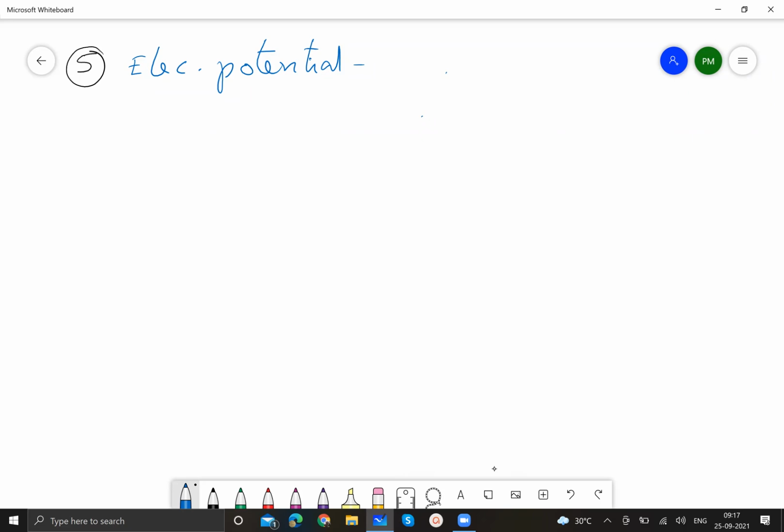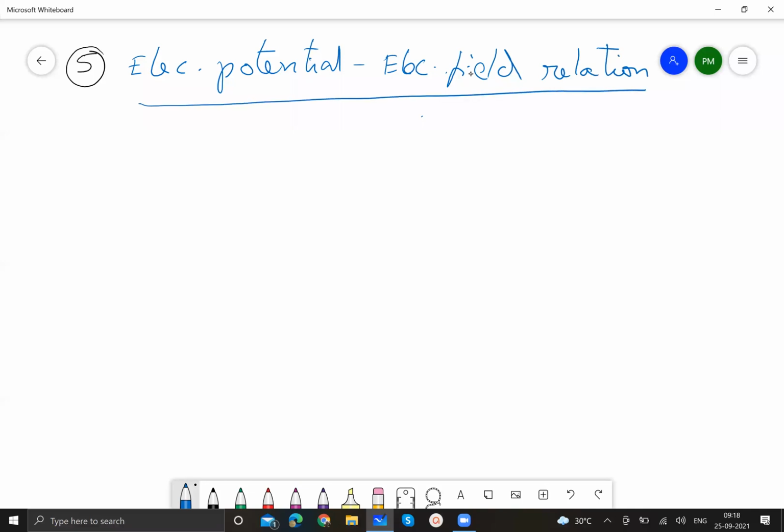So first let us see the electric potential and electric field strength relation. Then we can apply Gauss law to get the formula for those things. See, this is the situation we use to define both field as well as potential.